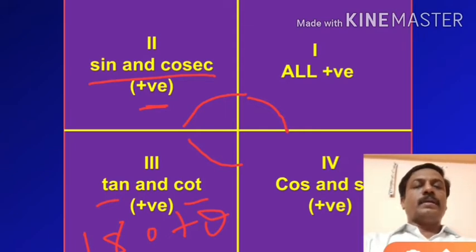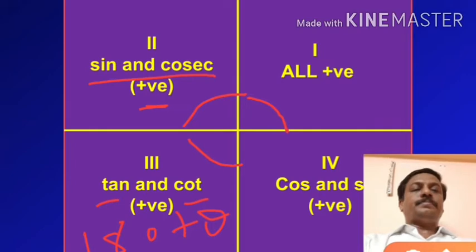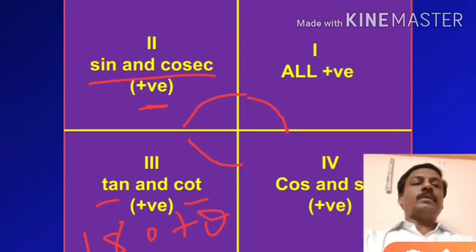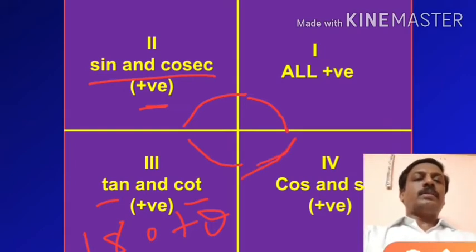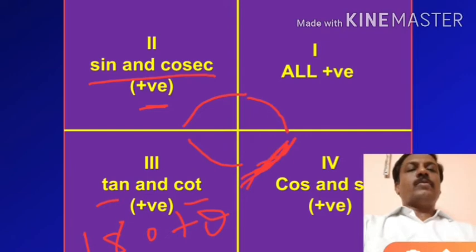Which are the remaining trigonometric functions here? Sine, cos, sec, cosec, right? So these values will be negative. Then in the fourth quadrant, it is 270 to 360. If the angles are between 270 and 360, then only cos and sec will be positive. Cos and sec will be positive.